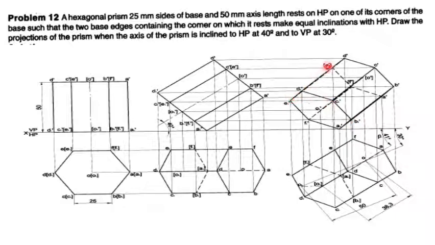Then the boundary of the sketch, make it visible. And here there are two visible edges. The mutually perpendicular third edge is also a visible edge, that is C dash to C1 dash. And make all other vertical edges and top face edges hidden.